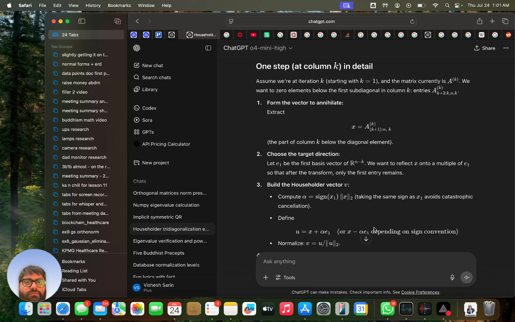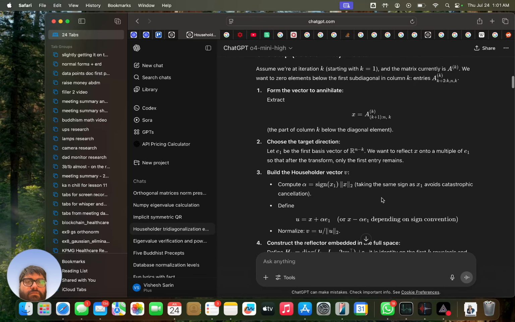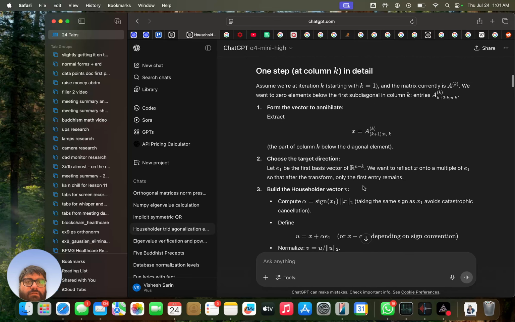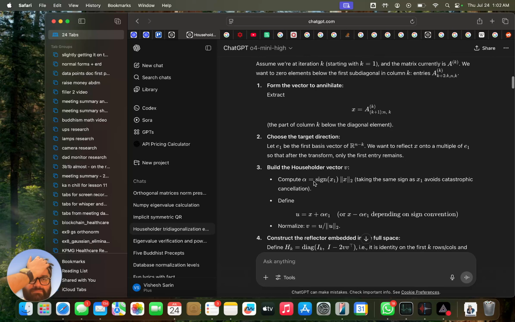Compute... So n minus k is, I think, essentially saying pick the actual first vector, which is all the elements under the... If you're on step 1, it's not the first row, it's not the second row, because those two will be the main diagonal and then the subdiagonal, and then all of the elements underneath it. At least that's what I'm recalling from the example.